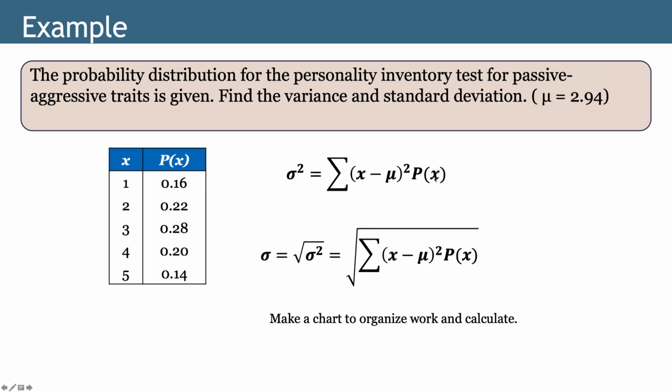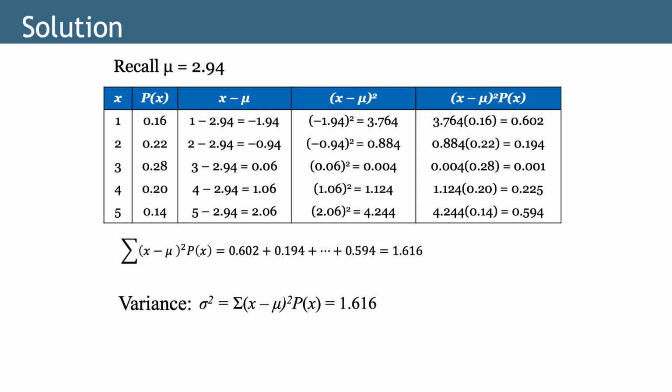Now we could take it a step further. We could find the variance. We could find the standard deviation. If you do this by hand, which you shouldn't, but if you did, you should really make a chart to organize this, and it would look something like this. So remember, the mean's 2.94. Just like when you did standard deviation before, this is a deviation, x minus the mean. How far from the mean are you? I got some positives and negatives. Just like before, you square them to make them all positive, right?